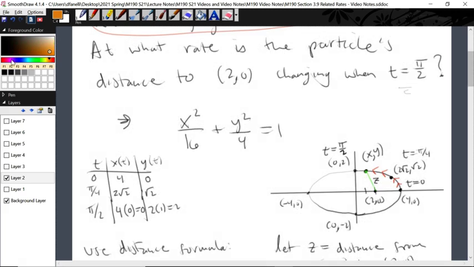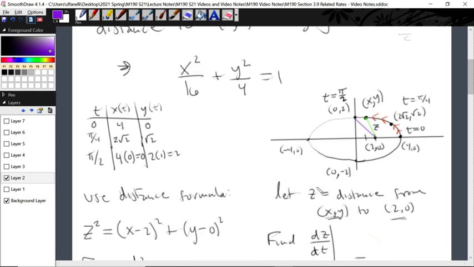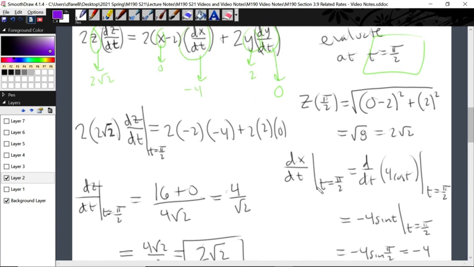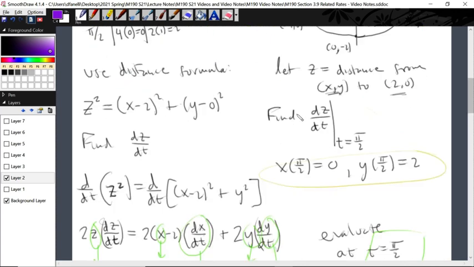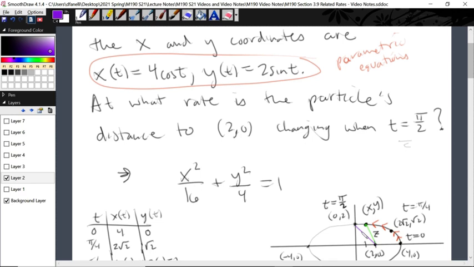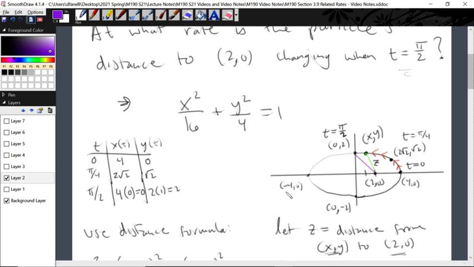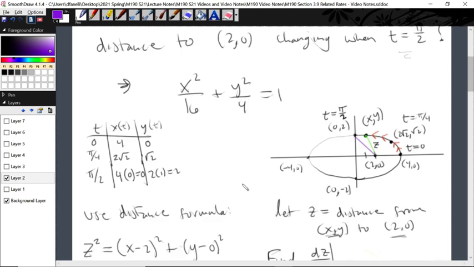All right, let's go purple. At this point right here, the actual distance between this point and this point we solved for when we found out what z of pi over 2 was. z of pi over 2 was 2 root 2. But what we're more interested in here was how fast that distance was changing, and that distance was changing at a rate of 2 root 2 as well.